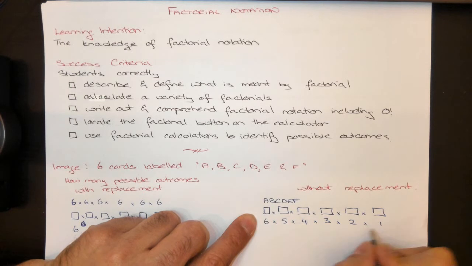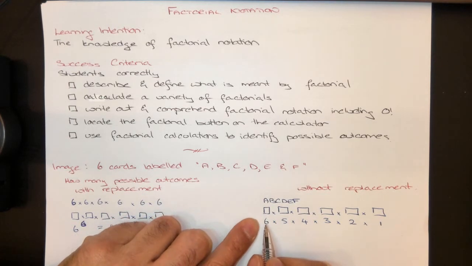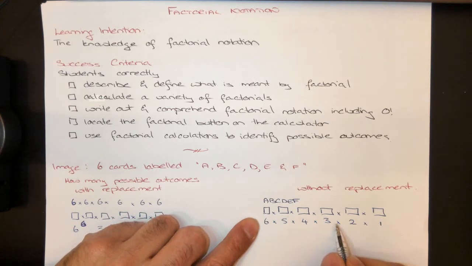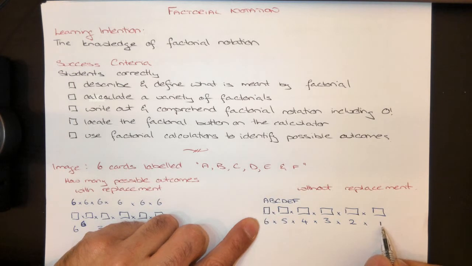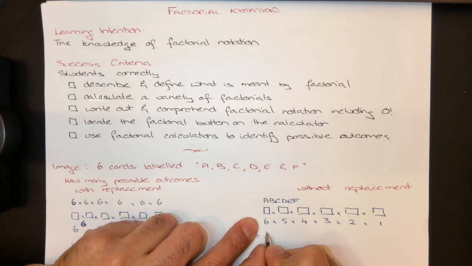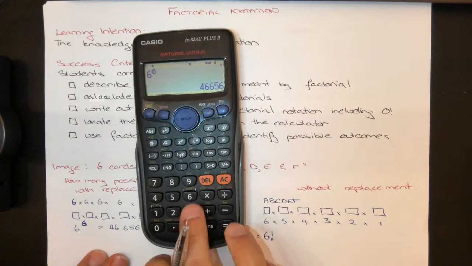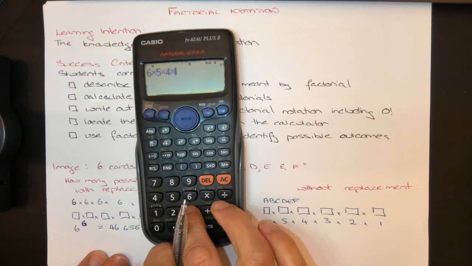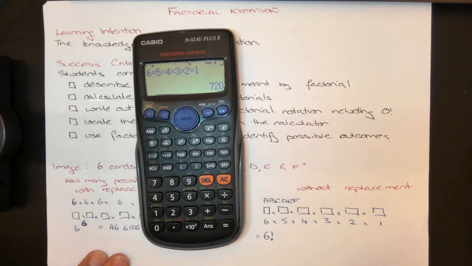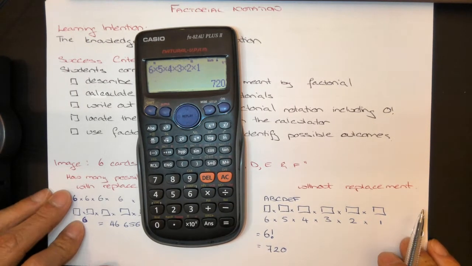So as you can see, this is 6 times 5 times 4 times 3 times 2 times 1. Well, that can be easily written as 6 factorial. If I was to use a calculator, I went 6 times 5 times 4 times 3 times 2 times 1, I'll get the answer 720 possible options.